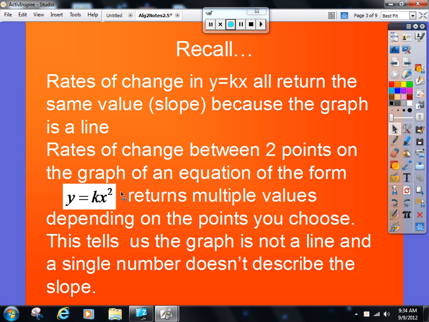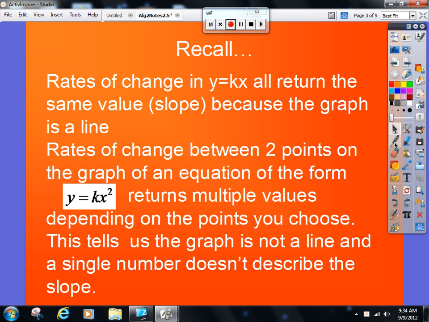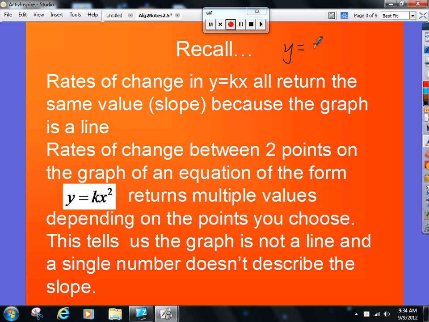Okay. Remember from 2.4, rates of change in y equals kx all return the same value. It's the slope. It is that constant k, because we figured out that k and m are the same thing when we're talking about direct variation of this sort. Y equals kx is the same thing as y equals mx. And the reason this k value, this slope, this rate of change comes up the same every time is because slope is the change in y and the change of x.